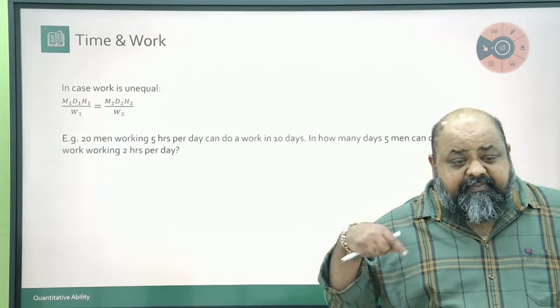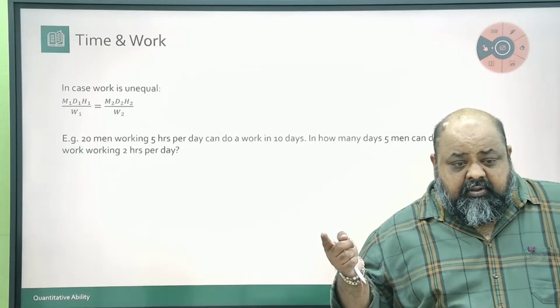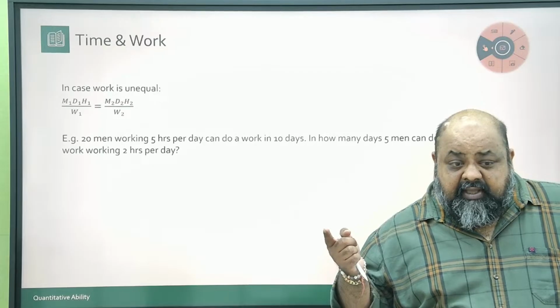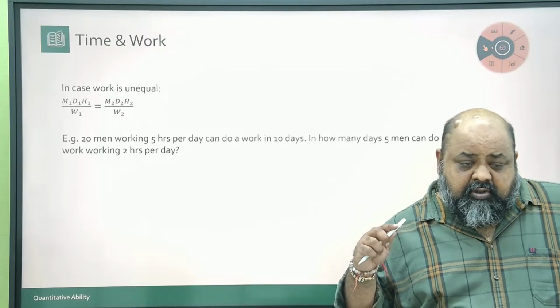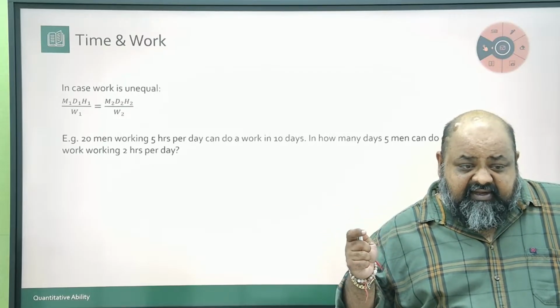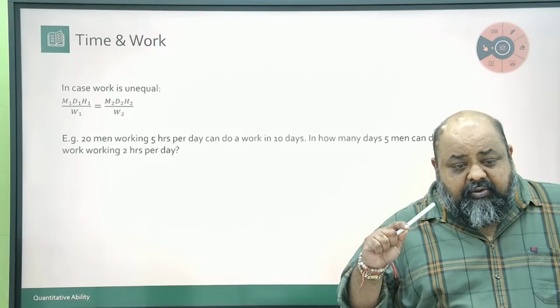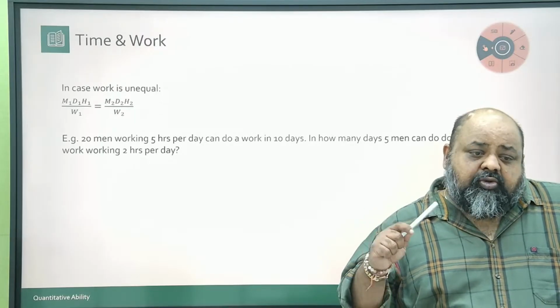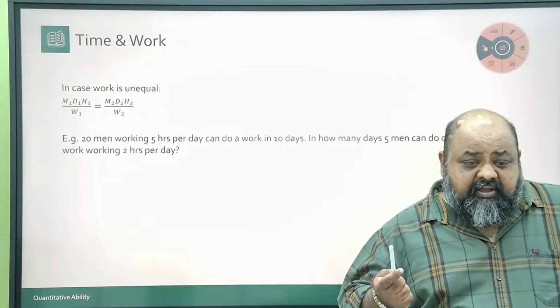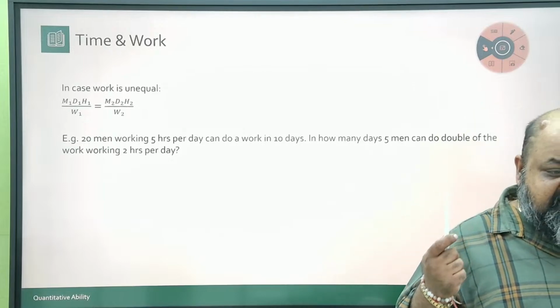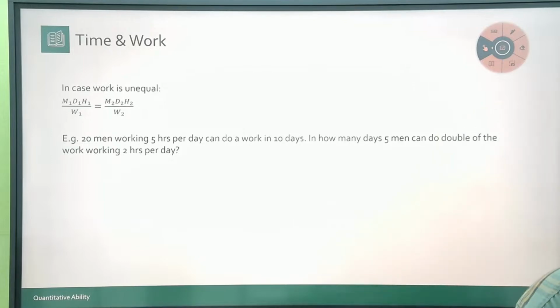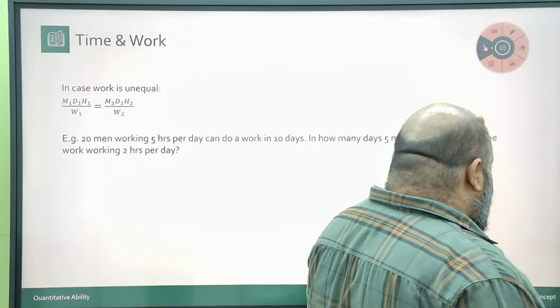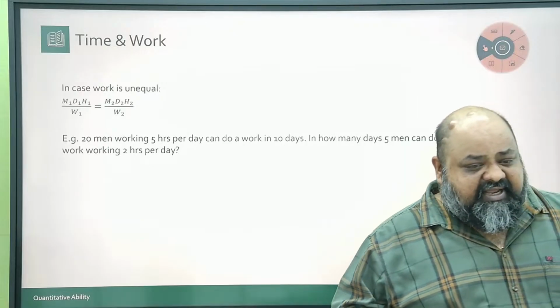If you remember the previous answer, which was, I think, 100, you would connect with the fact that now the amount of work has doubled, so the number of days will double, and everything else will remain the same. So if your previous answer was 100, you should be able to figure out that the current answer will be 200, right? But again, we will write the equation from scratch and see.